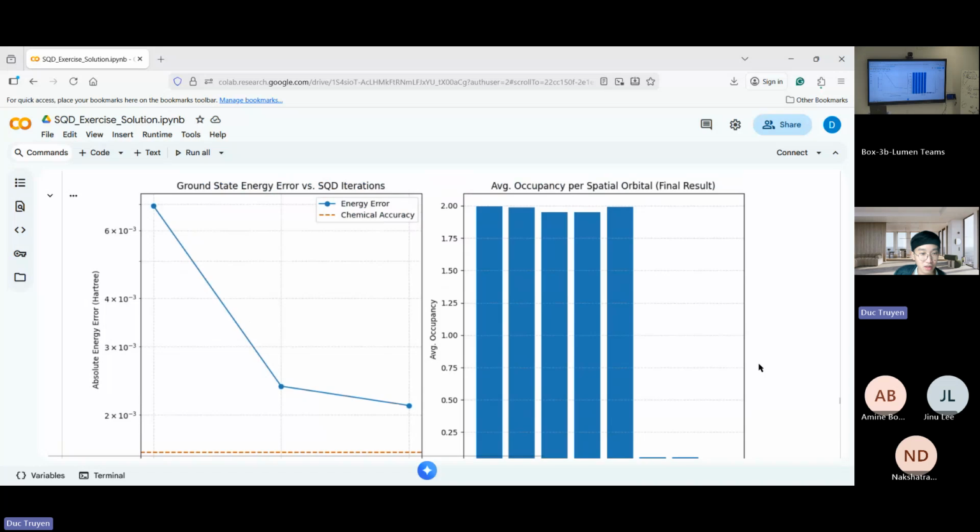I also tried to let you play around with the real hardware or the IBM Qiskit primitive, but maybe it's not a good way because not all of you have a Qiskit account, and it's quite a subtle thing to let participants do with the Qiskit primitive.